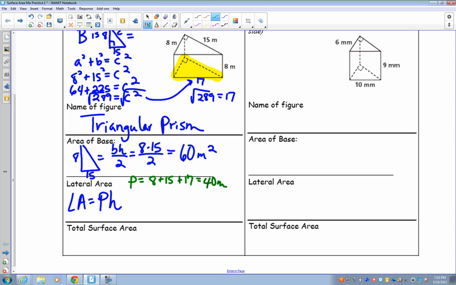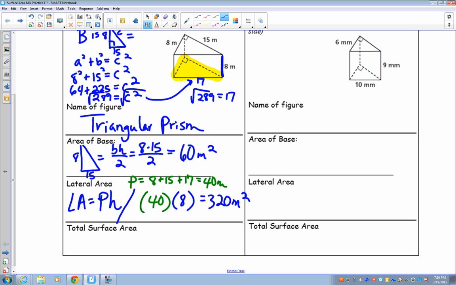Now I'm going to substitute that back in: 40 meters, which was my perimeter, times the height of the prism. The height of the prism is the distance between the two bases. If you look, between the two triangles is the 8, and that's the height of the prism. So we're going to do 40 times 8, which gives me 320 meters squared.